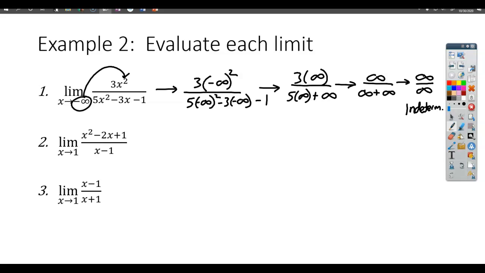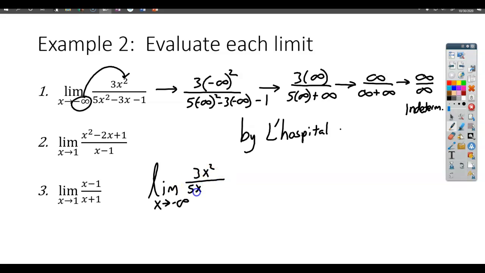Since I got an indeterminate form, I don't have an answer. But that doesn't mean there isn't an answer. So now I can say, by L'Hopital's rule, the limit as x approaches infinity of 3x squared over 5x squared minus 3x minus 1 is equal to the limit as x approaches infinity of the derivative of these things.